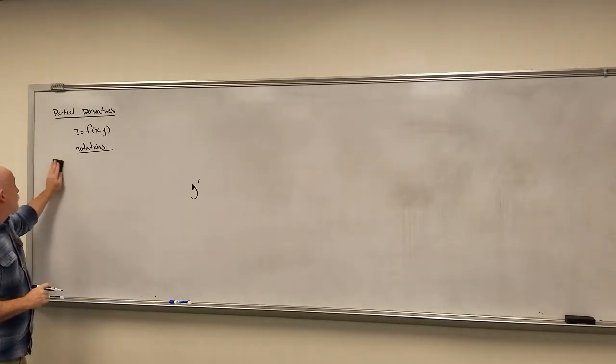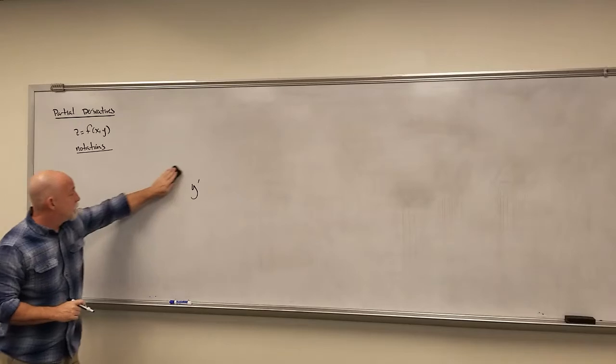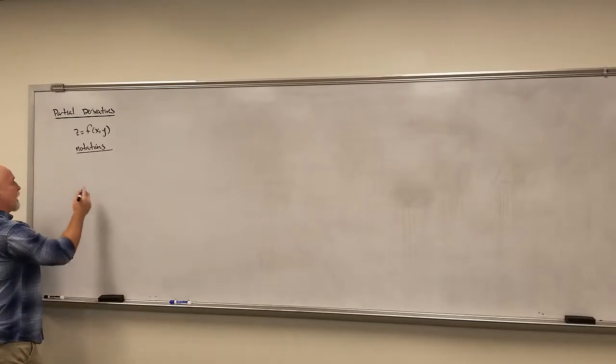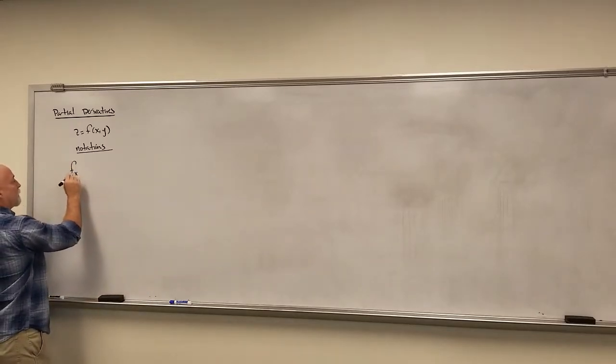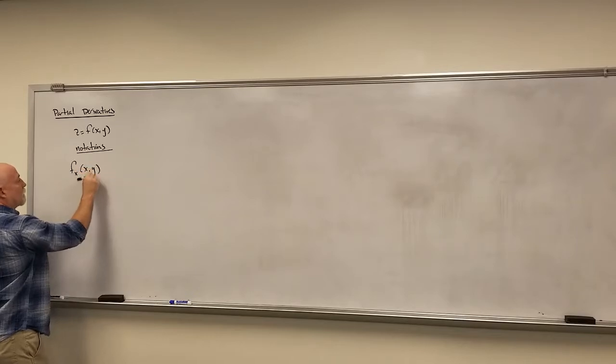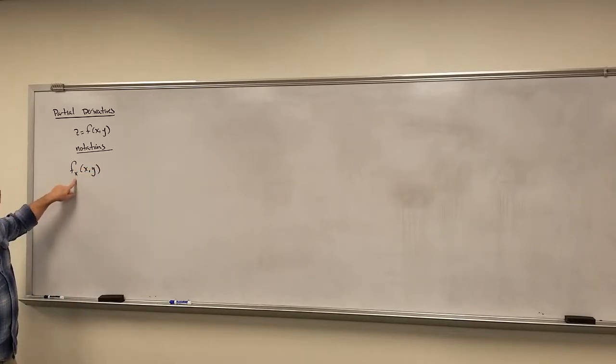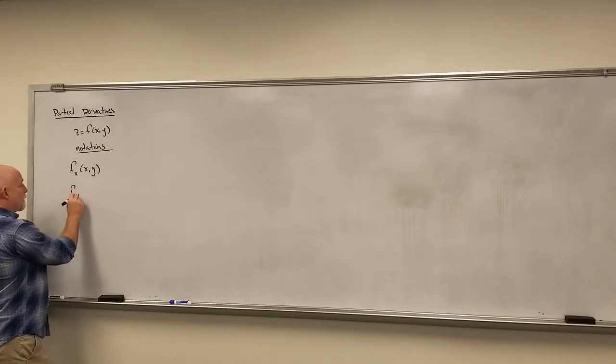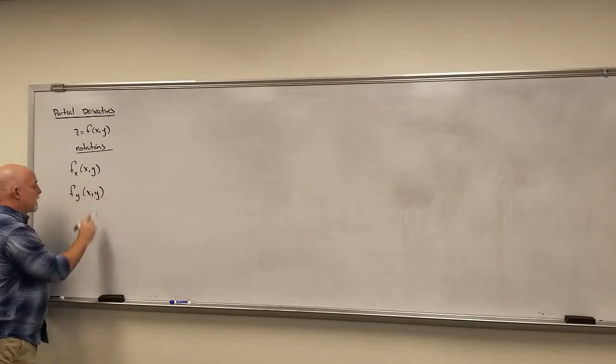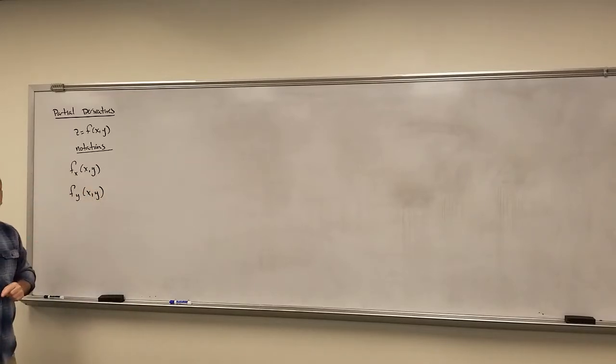So I'm just going to say the function name here is f. So one notation, this is kind of like our prime notation, we would do f sub x of x and y. So here we have a little subscript, and this is telling us we're taking the derivative with respect to x. F sub y says we're going to take the derivative with respect to y.